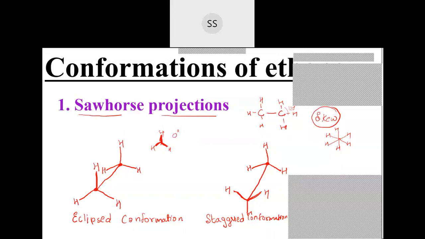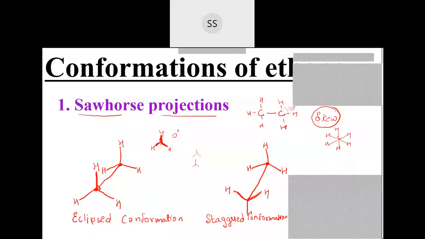I am talking about the angle between the front one and the behind one when you are seeing them, not the angle between these hydrogens. That will be 0 degree because one is covering the other. You can't see each other, it cannot be visible. So the angle between them is 0 degree.